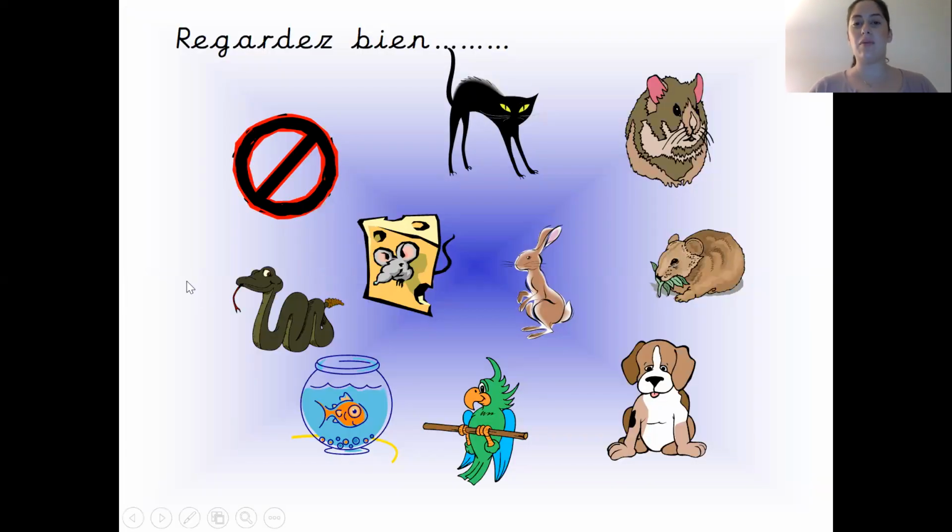Okay, now I'm going to point to each of these animals, and we're going to try and remember the names of all the animals. Then on the next slides, one animal is going to go missing, and then you're going to try and figure out which animal it was, okay?